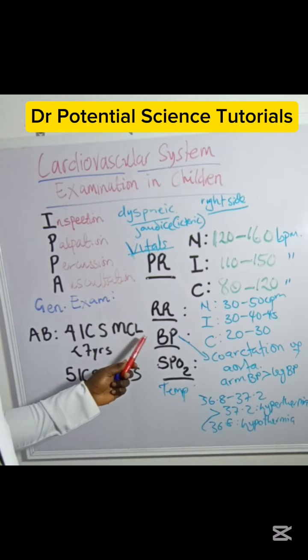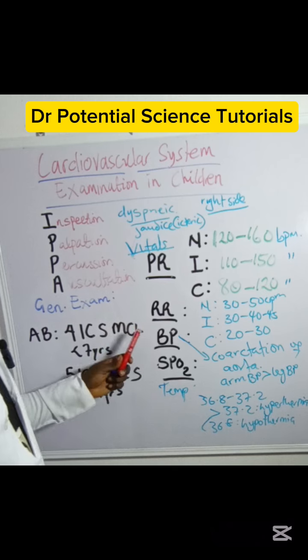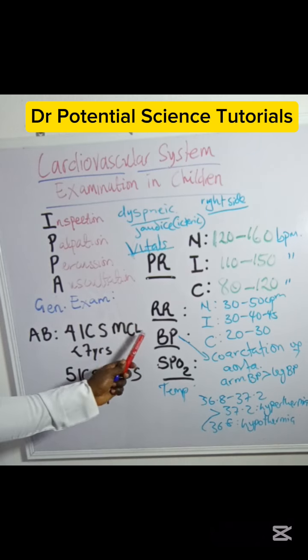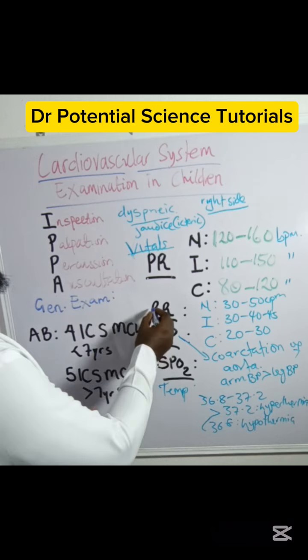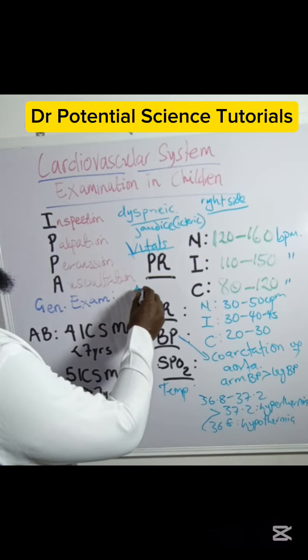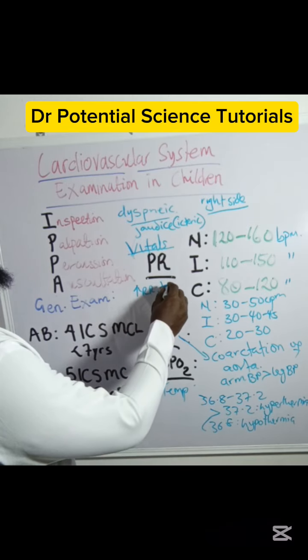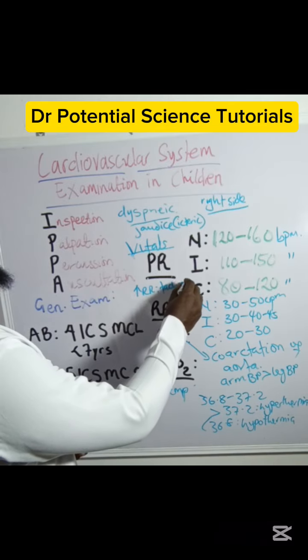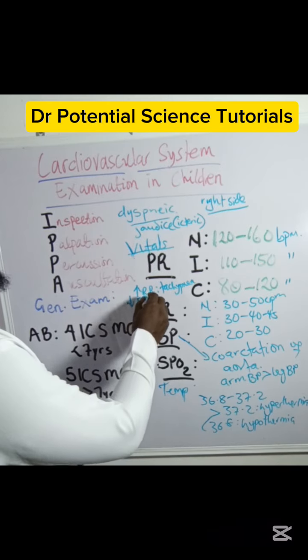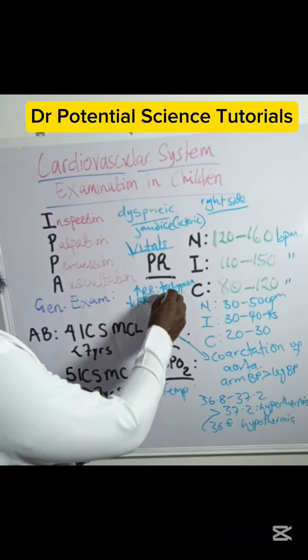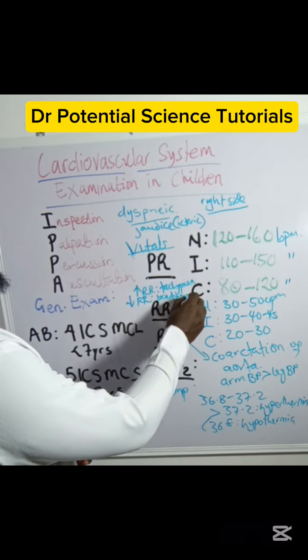If the BP is higher than normal, that's hypertension. If the BP is lower than normal, that's hypotension. If the respiratory rate is higher than normal, we say the patient has tachypnea, or the patient is tachypneic. If it is less than normal, we say the patient has bradypnea.